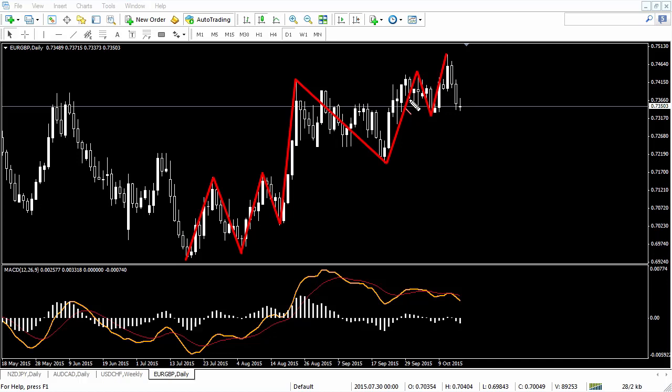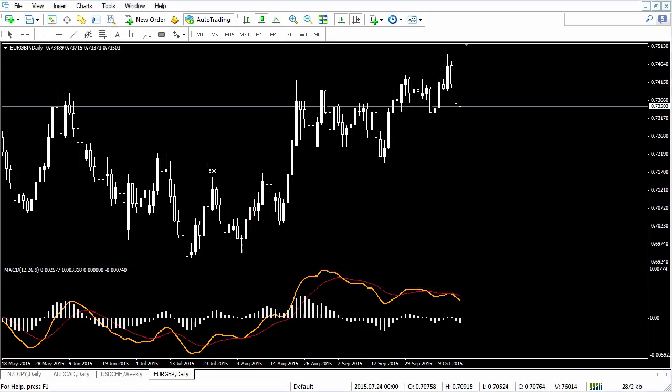This is still a motive pattern, but we are going to try to label some sort of extended wave. We also have a divergence over here that can help us in that.